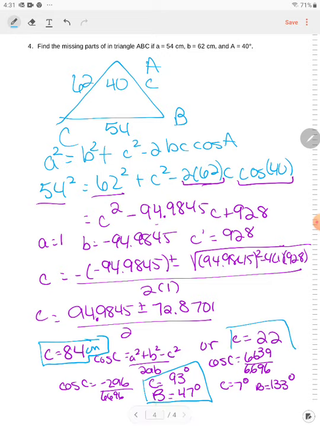When the length of C is 22 centimeters, angle C is 7 degrees and angle B is 133 degrees. So you can see, given an acute triangle or an obtuse triangle, not a right triangle, using the law of sines or the law of cosines, we're able to find the missing parts, or we're able to find a certain angle or side.